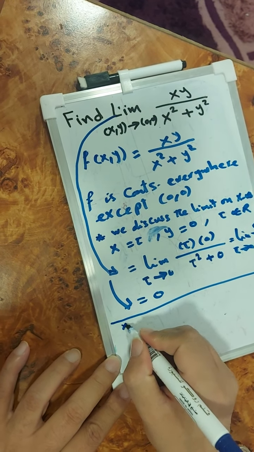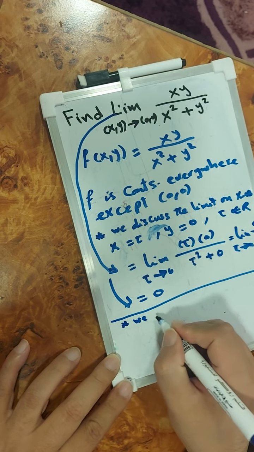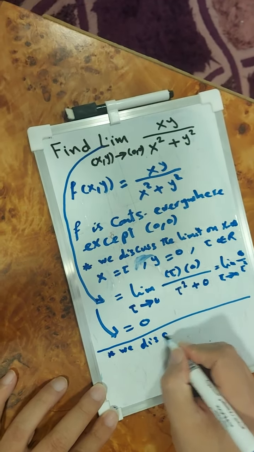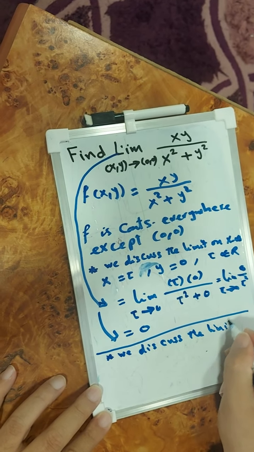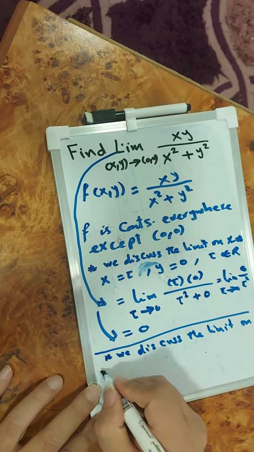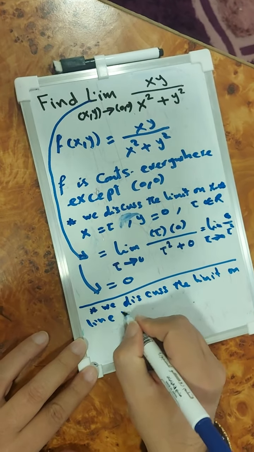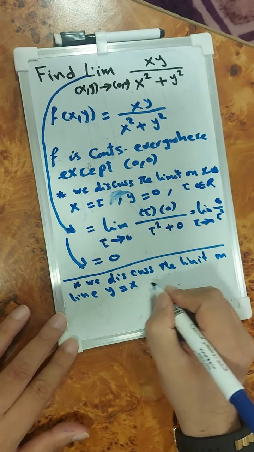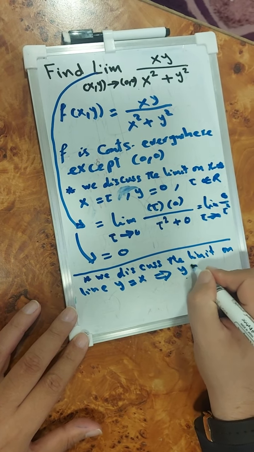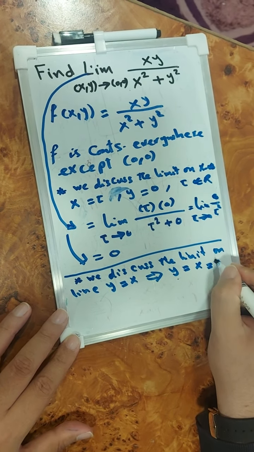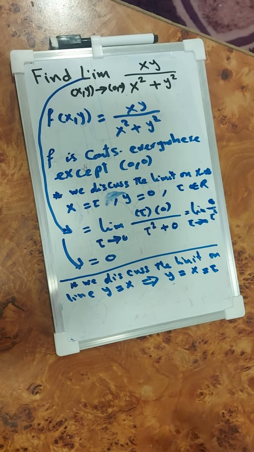Second, we discuss the limit on the line y equal x, where the parametric equation of this line is x equal t, y equal t, as we said before.